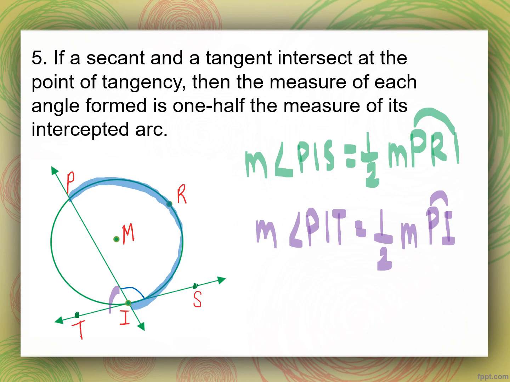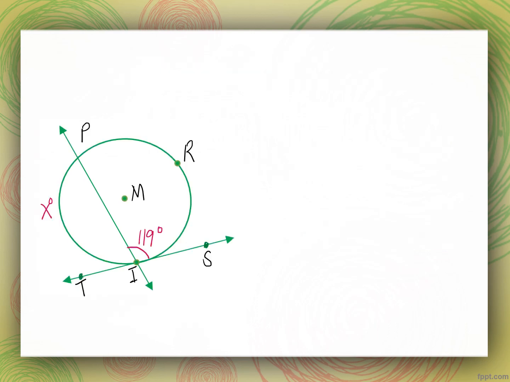Okay, so let's apply that. Let's have this one. This is the last example. Find the measure of arc PI. Looking at the given figure here, we have assigned x for the degree measure of arc PI. To solve for that, one method will be to find the measure of angle PIT, and then after that we can apply the last theorem that we have learned.